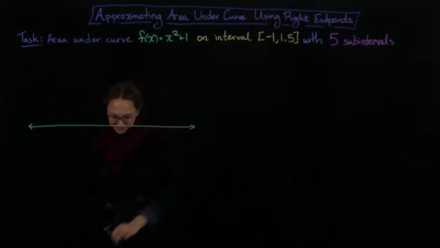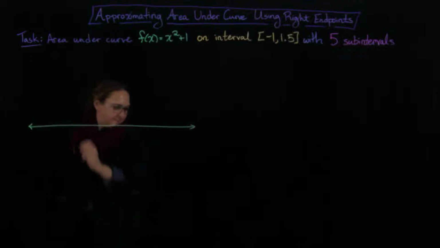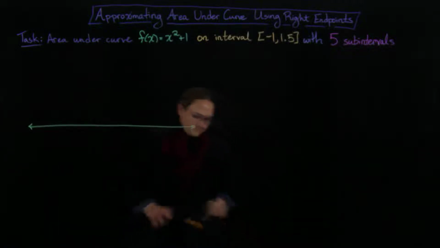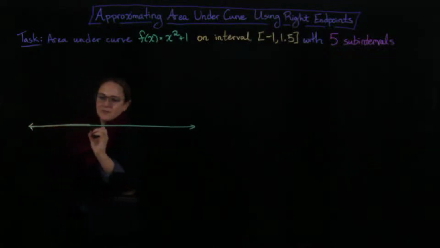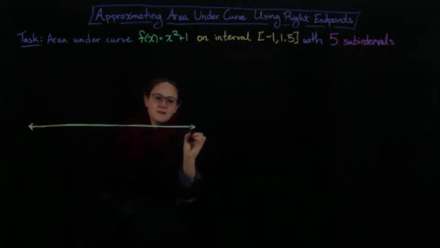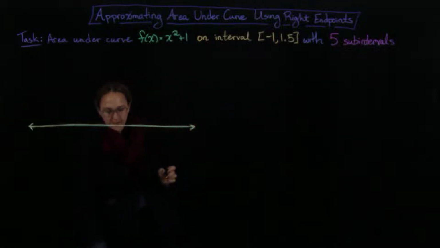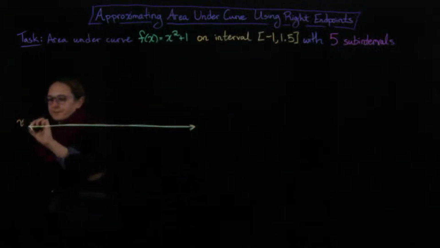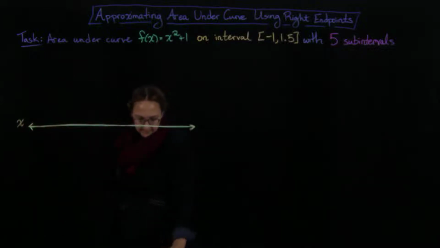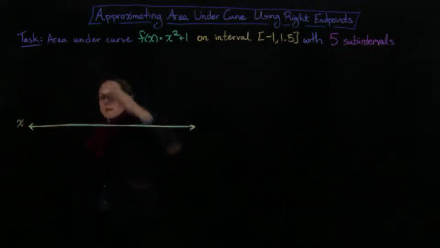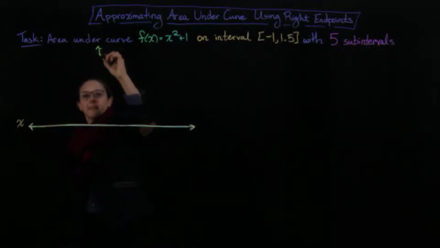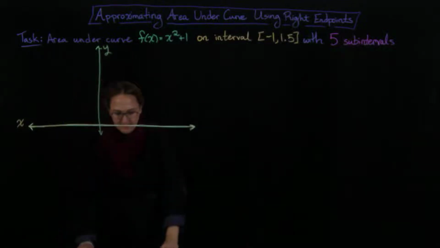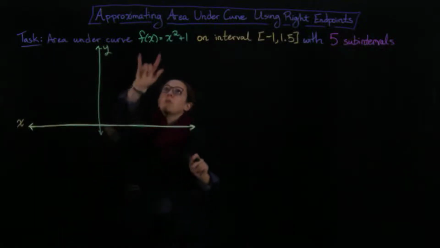I want this to be orange, a fresh orange so that you can see it really nicely. Okay, so this is our x, and we have our y, and then we have our curve, y equals that.